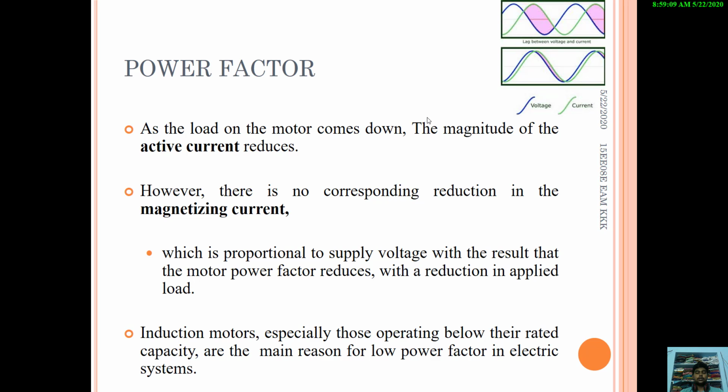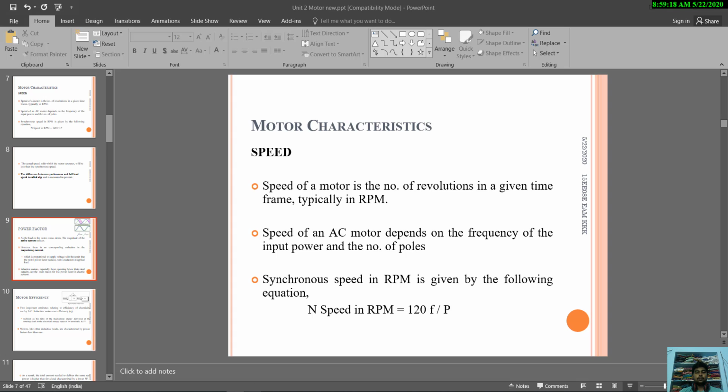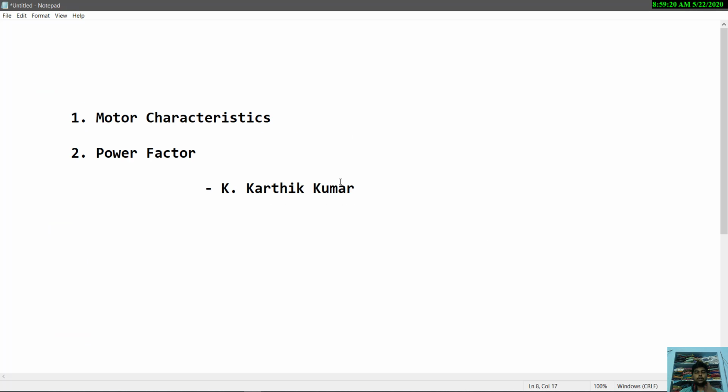This is the major cause in an electric system. This is about the power factor and the general characteristics of a motor, considering speed and power factor. High power factor and low power factor will cause the motor to operate at high efficiency or low efficiency.